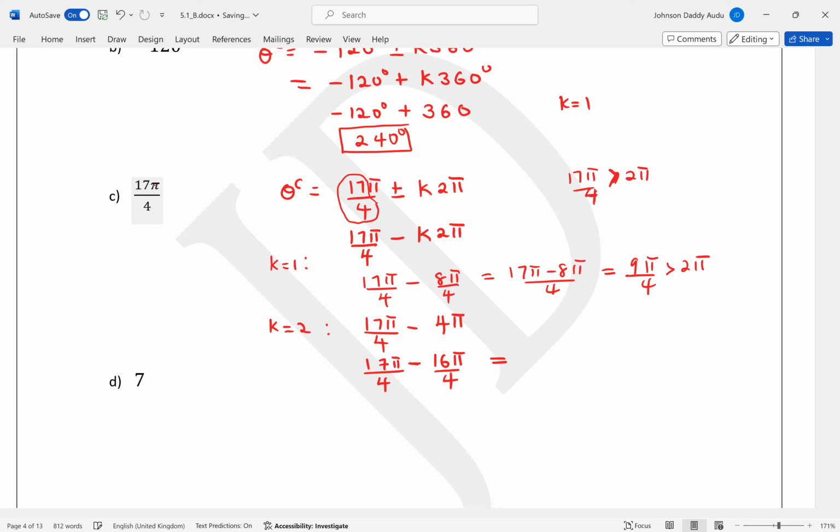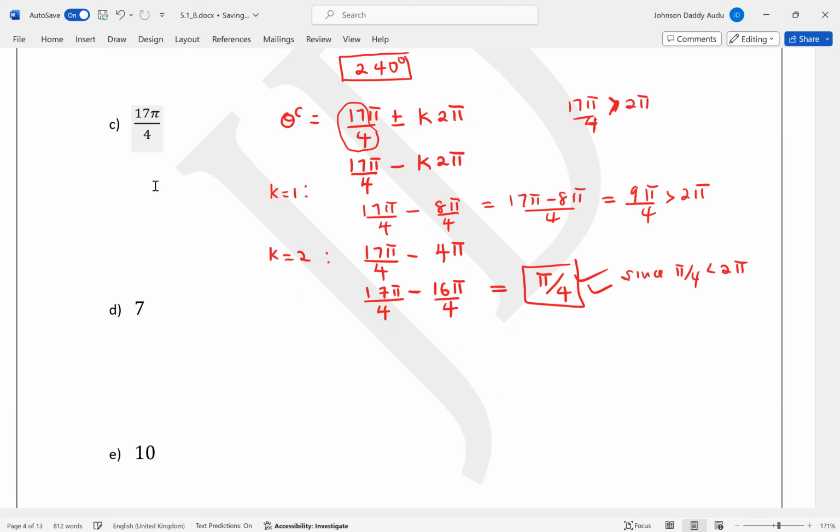This is just pi over 4. You can see that pi over 4 is the right answer, since it is less than 2 pi. So the correct answer is this one, pi over 4. All right, we can stop.